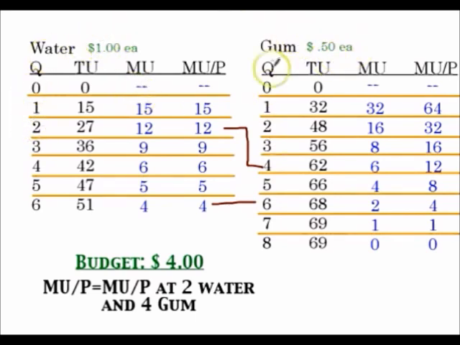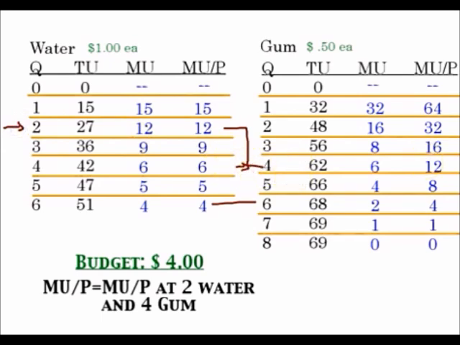I can do this combination. 6 water, 6 gum is well above my budget. Can't do it. Therefore, I maximize utility with 2 water and 4 gum. So that's the combination I want to choose.